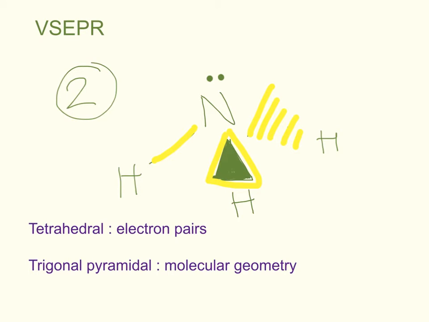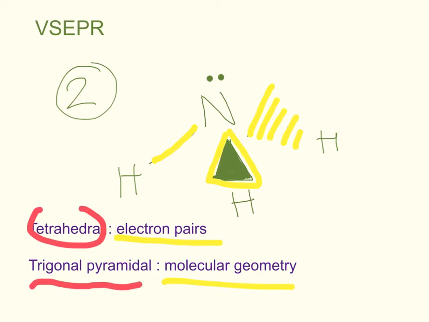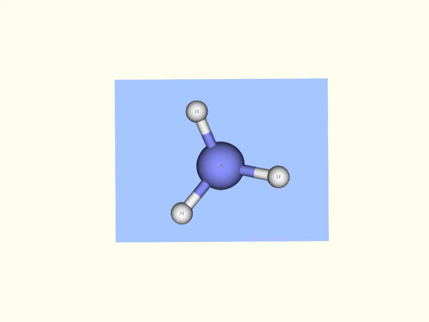The electron pairs are tetrahedral, but the molecular geometry is trigonal pyramidal. And this is a 3D shape of the molecule NH3.